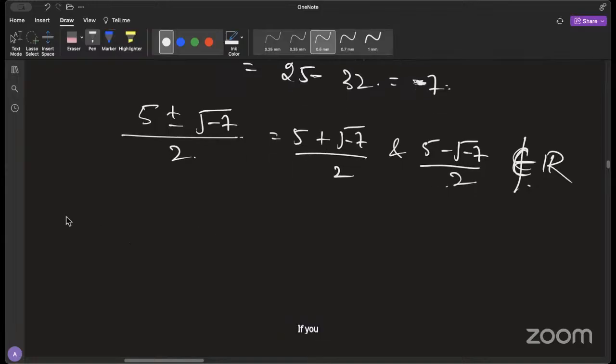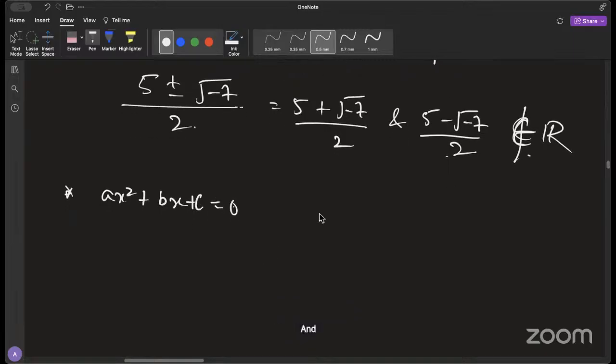Now let's say if you have ax square plus bx plus c equals 0, and if your c is negative, then a is positive. That means if a and c have distinct signs, different signs, a and c have opposite signs.